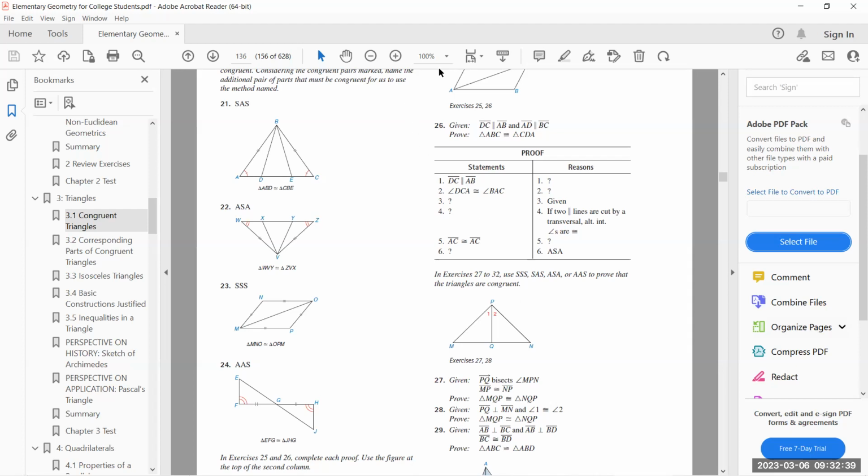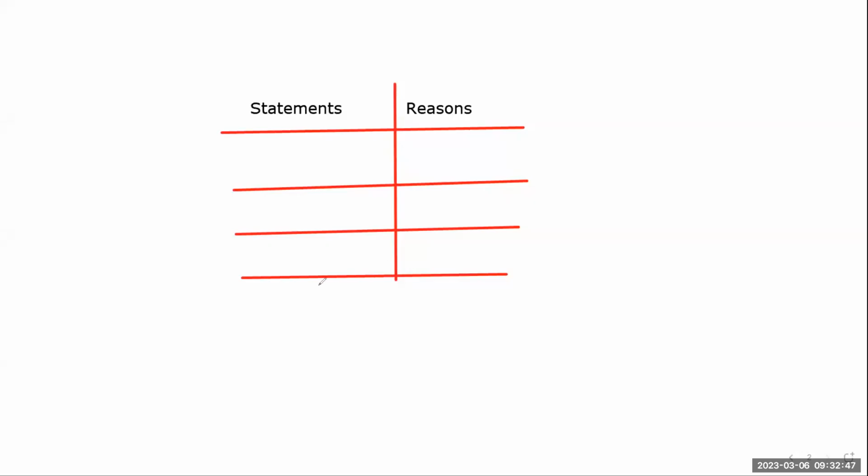So here you're going to write segment PQ is perpendicular to segment MN.